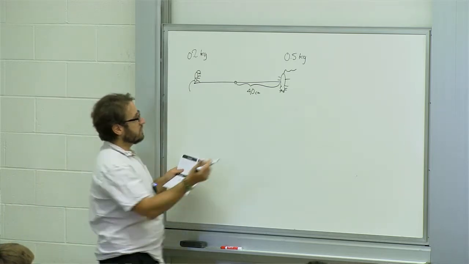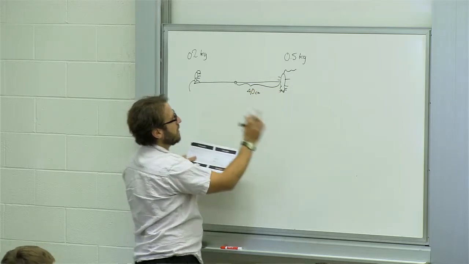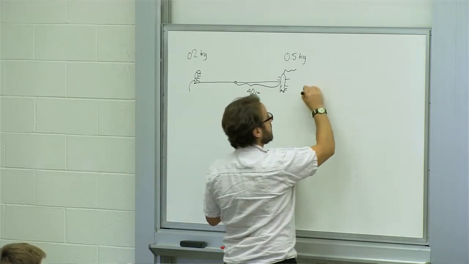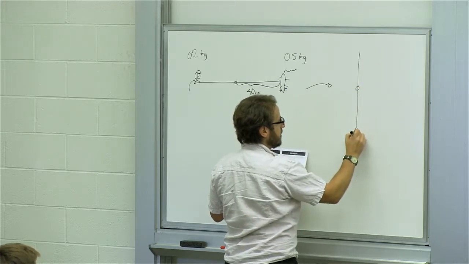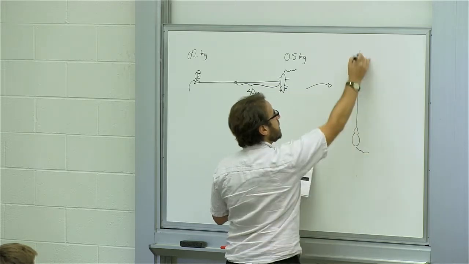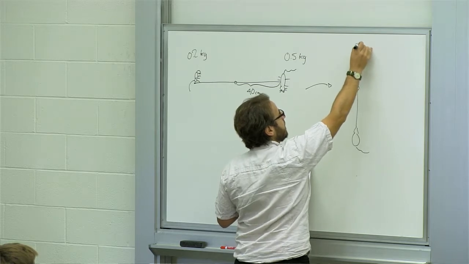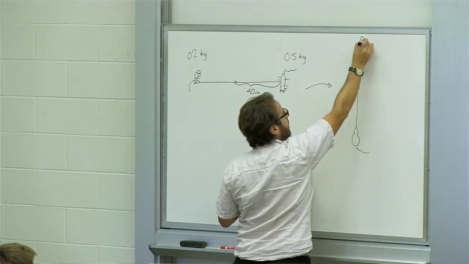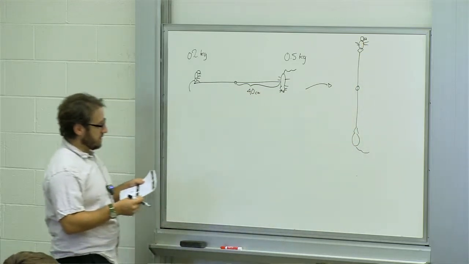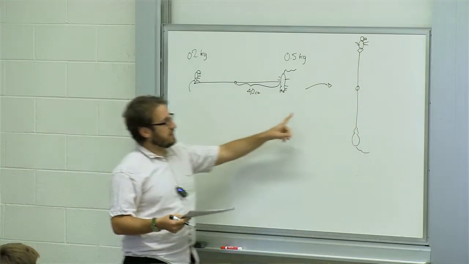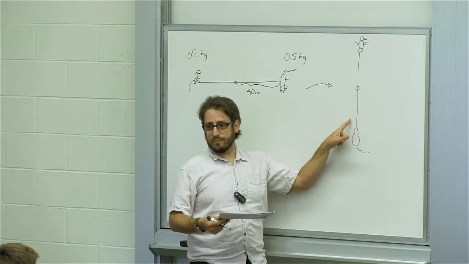Now the question is, because this guy is heavier than this guy, this will eventually rotate like this, right? Where the rat is hanging on for dear life here, and the mouse is balancing here. The question is, what are the animals' speeds when they reach the vertical?